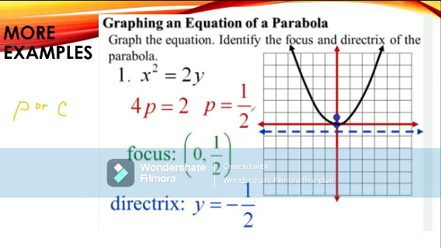If p is equal to 1 half, the focus is (0, 1 half), and the directrix is y is equal to negative 1 half, following the formula with the standard form. Since you are asked only to find the focus and the directrix of the parabola.